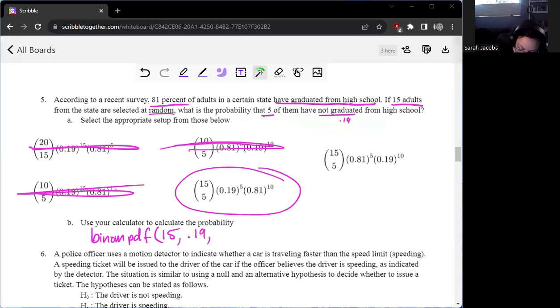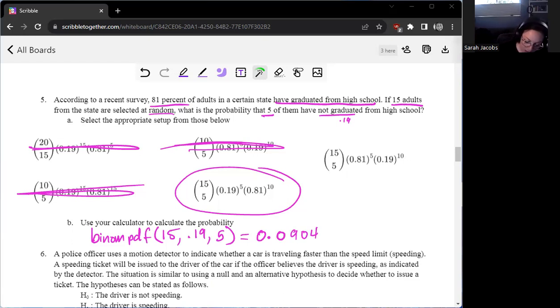And then the X value is the number that we're interested in. So that 0.19 has to happen 5 times. All right. When we do that, we get a probability of about 0.0904, or about 9%.